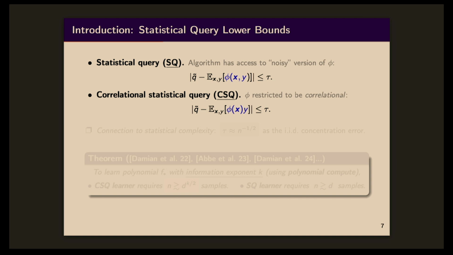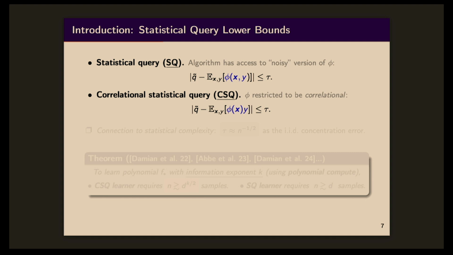Of course, this is a population version, this is an expectation. But in reality, we have access to a noisy version of this expected query. In the SQ model, the restriction on the noise is that its magnitude is at most tau. So think of this as some kind of population gradient.